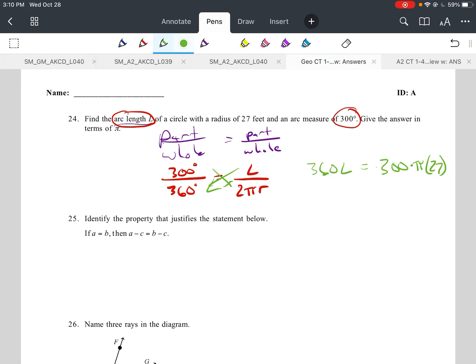Now I'll just do a little math and divide it up. We'll take 300 times 27, and then divide that by 360. And I get 22.5, and just leave pi there, equals L.